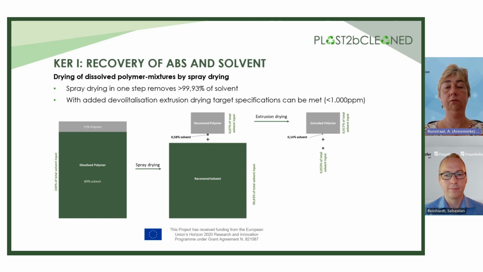In the spray drying, you recover the majority of the solvent, and you end up with only 0.6% of solvent. And by devolatilization extrusion, you can remove more solvent by also applying vacuum during extrusion, which is known technology, and then you can reduce the solvent content to below 1000 ppm, which is the requirement for polymers.